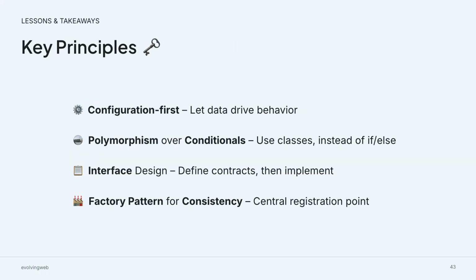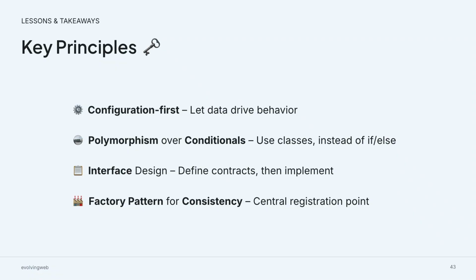And finally, let's speak about some key principles. It's a config-first architecture, so the data drives behavior. Polymorphism over conditionals: use classes instead of if-else, way more readable and maintainable.